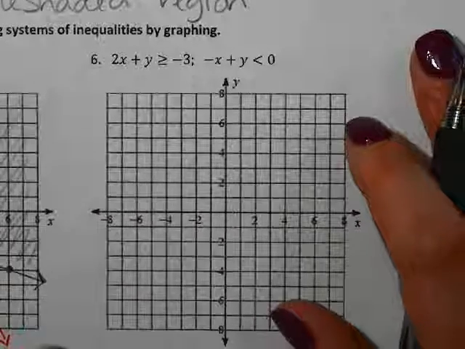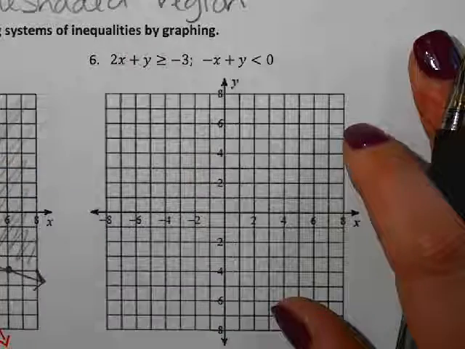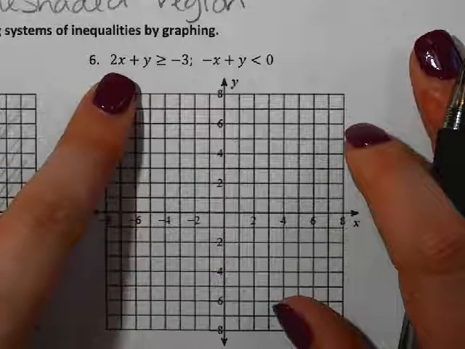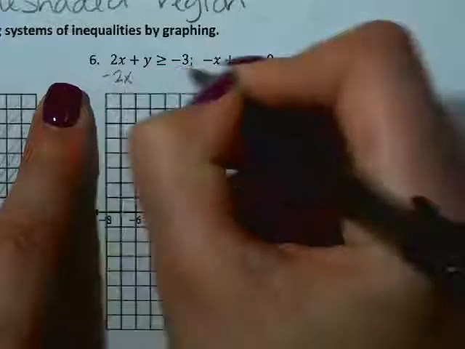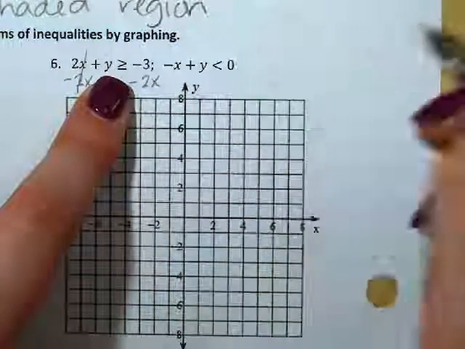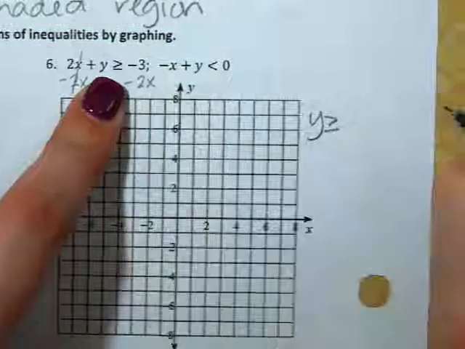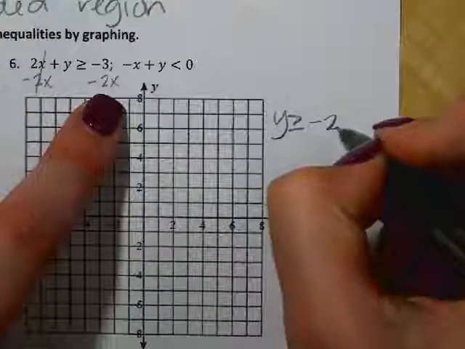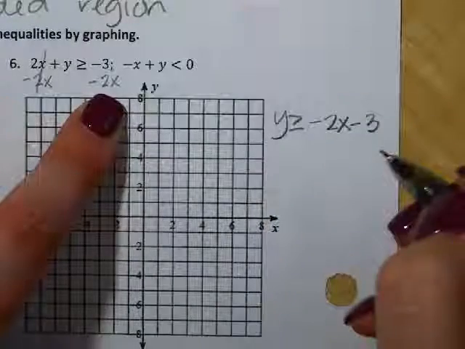So here, again, the cover-up method is not going to be the best for me. And so I'm going to go ahead and solve for y. So I will subtract 2x over to the other side. So I get y is greater than or equal to -2x minus 3.